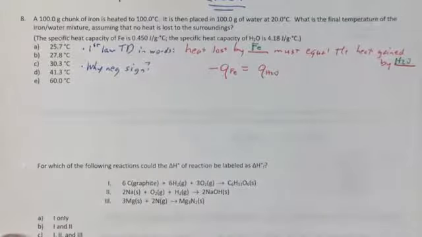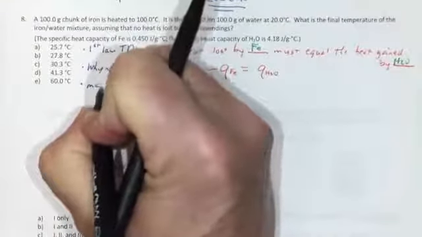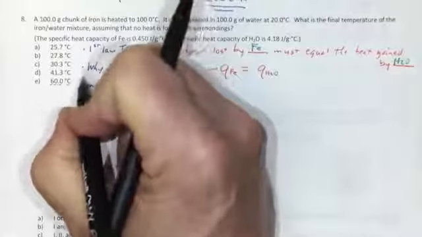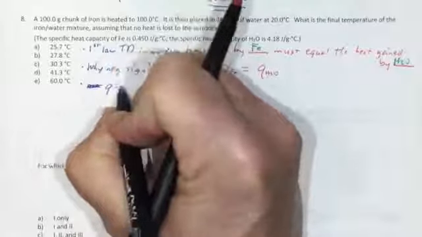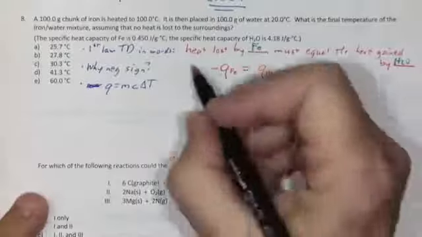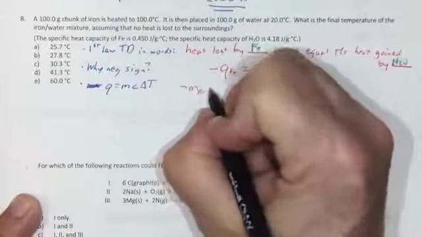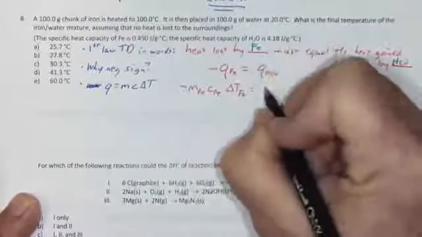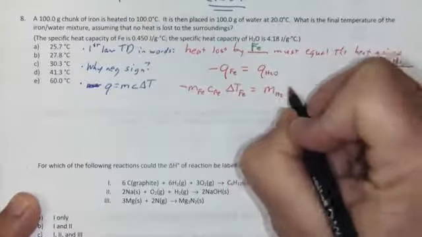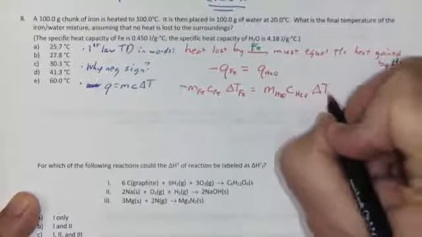Now, the next step in solving this problem is I'm going to use the MCAT equation: Q equals M C delta T. So I'm going to rewrite this: negative the mass of the iron times the specific heat of the iron times the delta T of the iron must equal the mass of the water times the specific heat of the water times the delta T of the water.